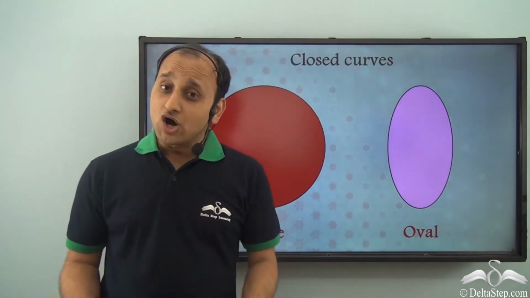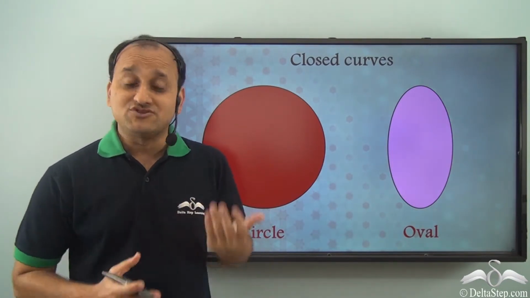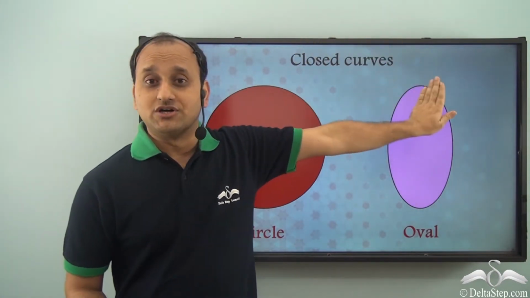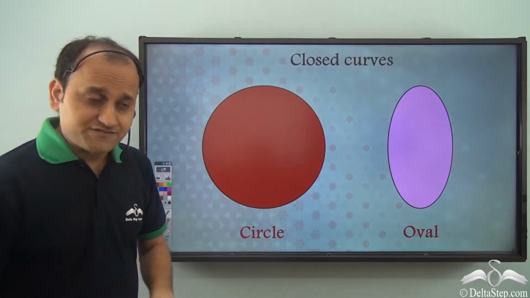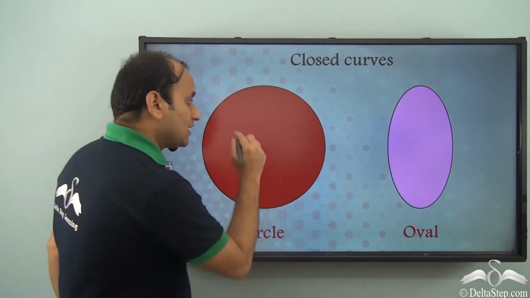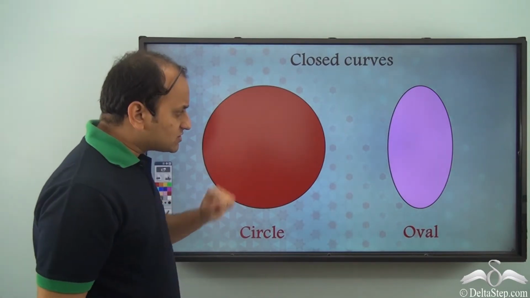Now when we talk about curved lines, they give us two types of curves. Now the first type is called closed curve. Now what are closed curves? Well, the circle or even this oval, these are closed curves. Now why do we call these closed curves?